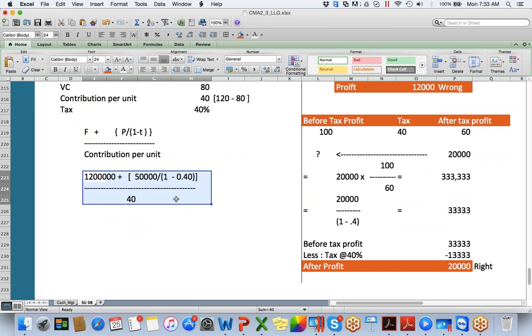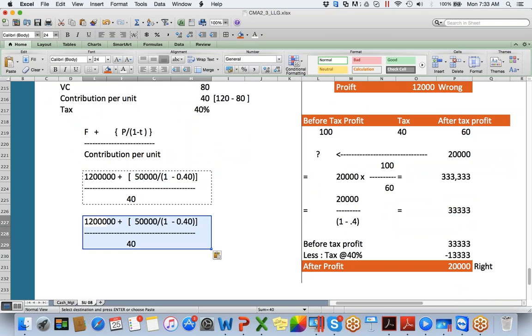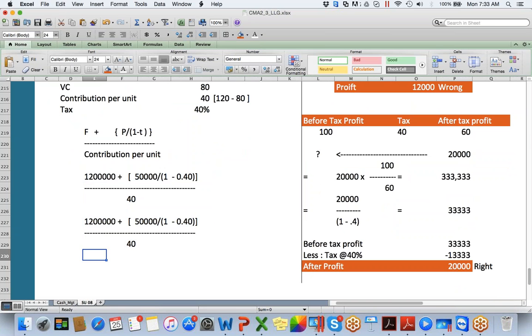Okay. Let us continue the calculation with the next step. That is 50,000 divided by 0.6. That will give you 83,333. So I'll remove this and write 83,333. Yes, 83,333 is to be added to now 1.2 million, and find out the number of units to be sold.